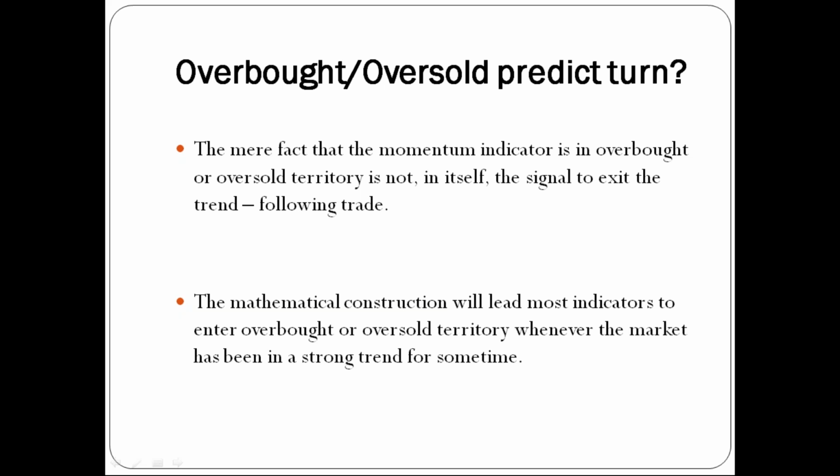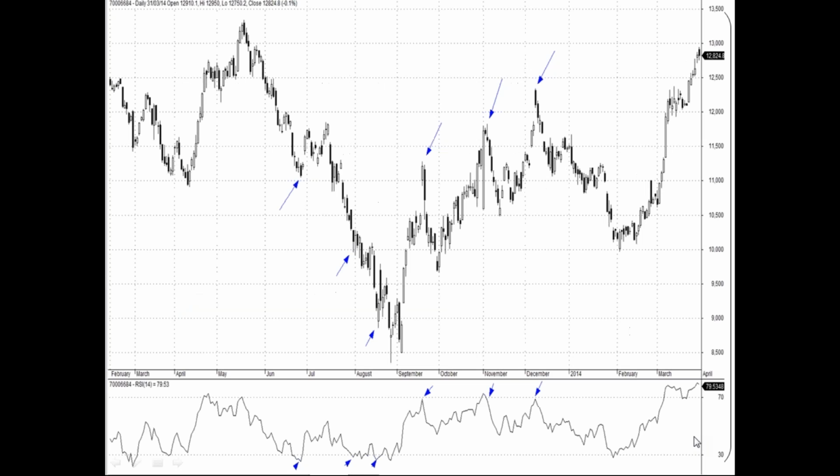Right? We are getting higher highs, the trend is strong, and the indicator will stay in the overbought zone for some time. It is the mathematical formula that leads to that. It is not that once the indicator has moved into the overbought or oversold zone, you have to exit your position. No, it's not like that.